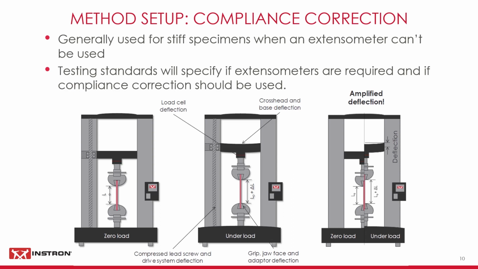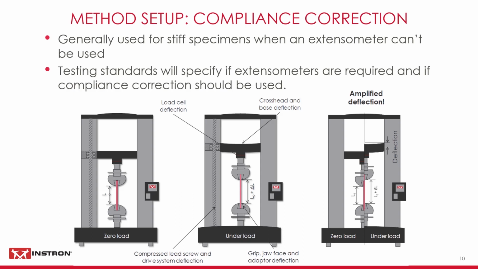Machine compliance is specific to each system setup and is dependent on the forces a given system is subjected to. When a system is under test and applying a force, there's a deflection from the load cell, the crosshead and base, the lead screws and drive system, and the grips and adapters. The displacement measurement is based off of an encoder that is attached to the motor, so all of these variables can add on to these displacement readings.